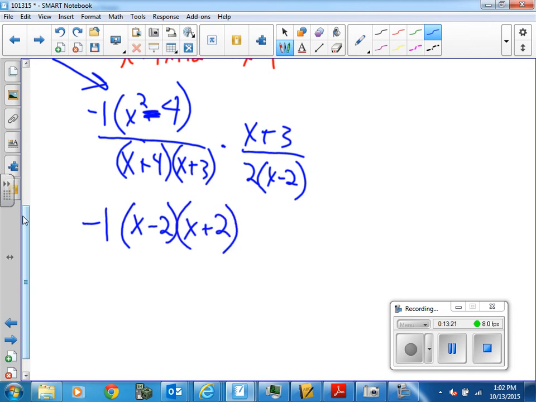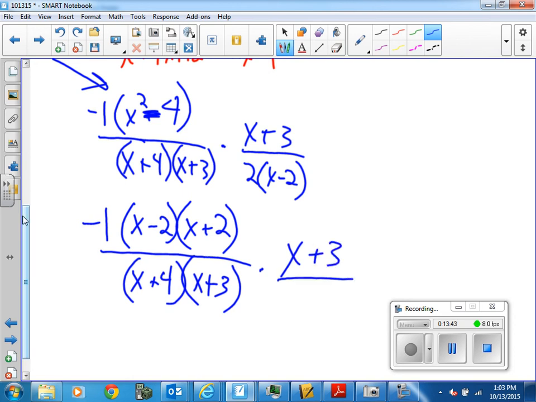If you had gone from the beginning and did 2 minus x, 2 plus x, you could not have canceled unless you multiplied by negative 1, or brought out that negative 1. So we have x plus 4 times x plus 3 times x plus 3 all over 2 times x minus 2.